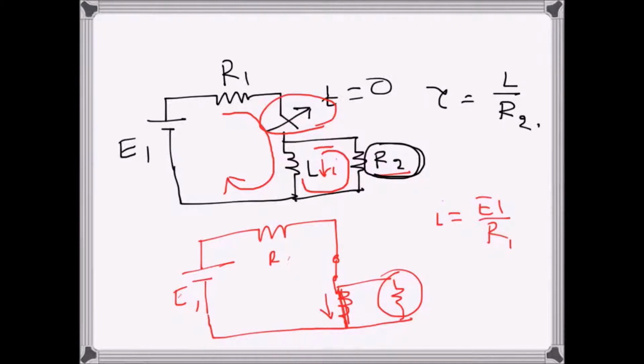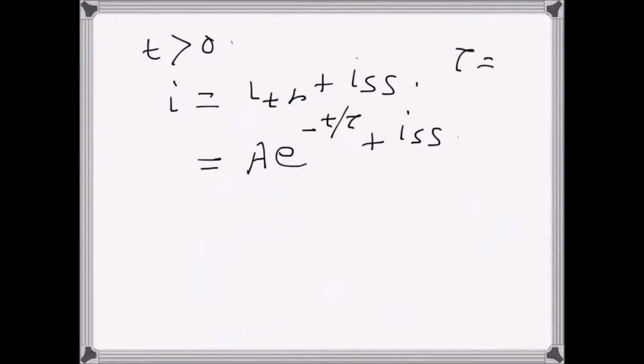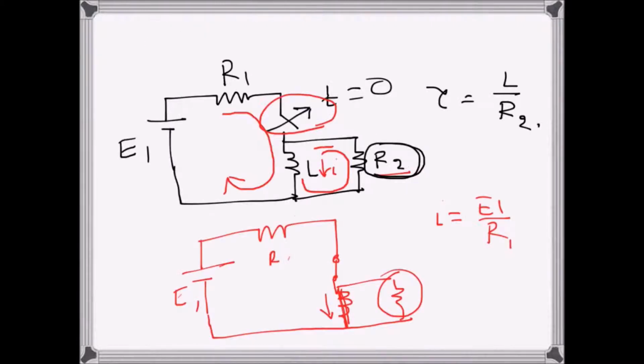And at t equals 0, the current I, which is I0, will be E1 over R1, as we saw for this condition. The current in this direction is E1 over R1.